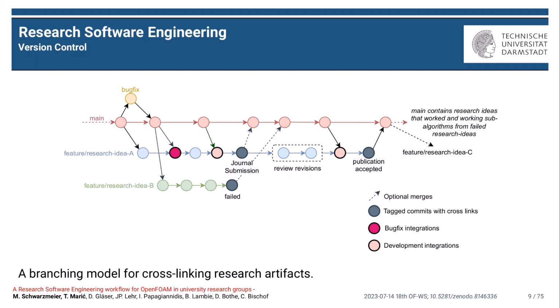So I already mentioned version control. The cross-linking that we just looked into gives us some new colors on this diagram. You just have your main or master branch. You have a research idea, and every idea should be represented by one branch.